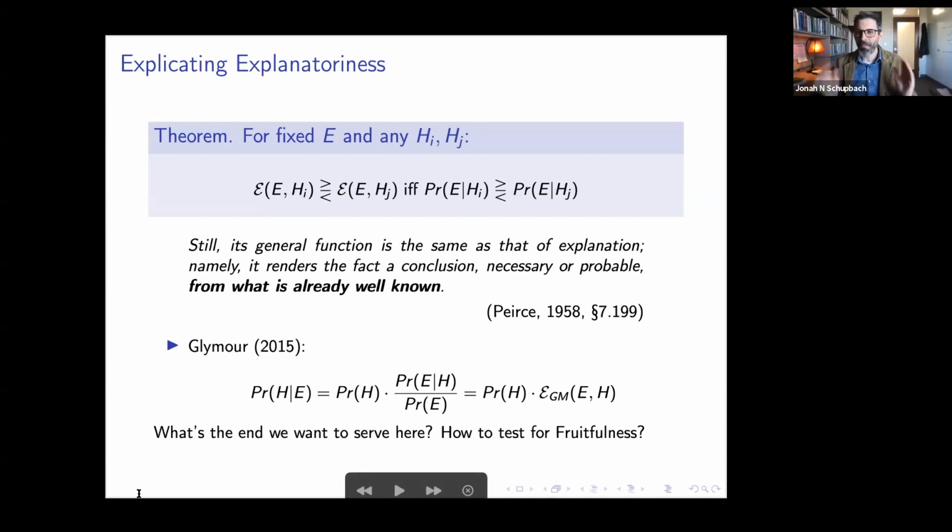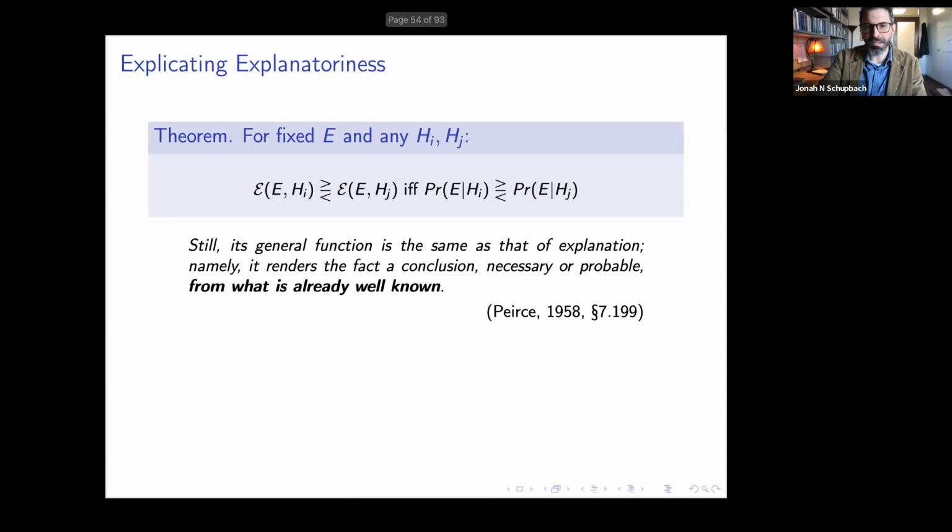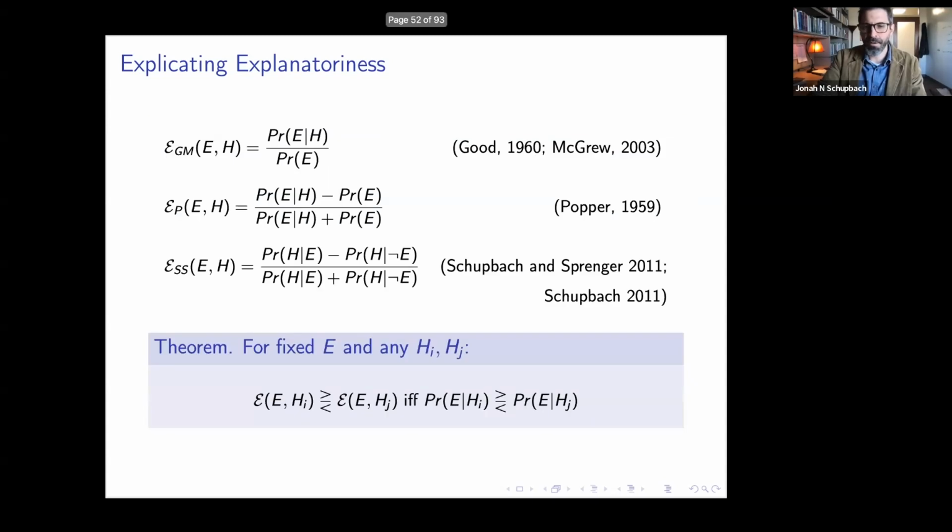All right. So the reason I took some time doing that is that we've got a bunch of different potential explicata. Now, effectively, we really just have two. We have the one that says that differences in explanatoriness for different hypotheses with respect to the same evidence amount to likelihood comparisons.